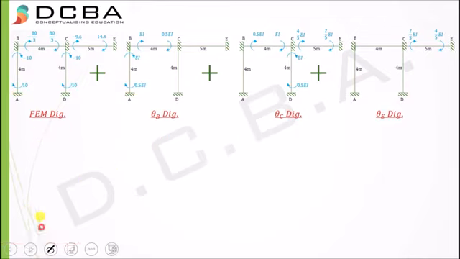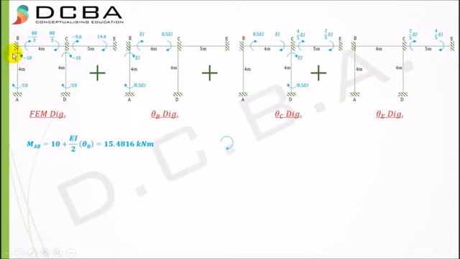So 10 plus 0.5 EI into theta B, I get it as 15.4816 kilonewton meter positive, which indicates it is clockwise. MBA would be minus 10.